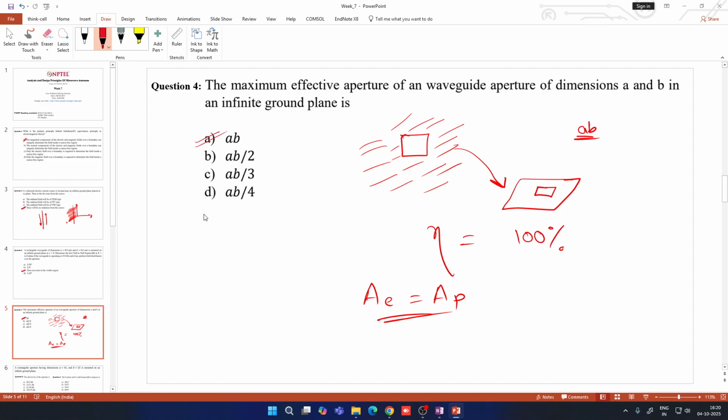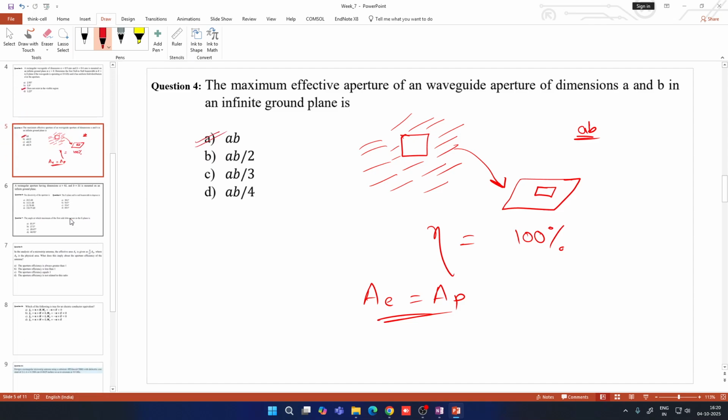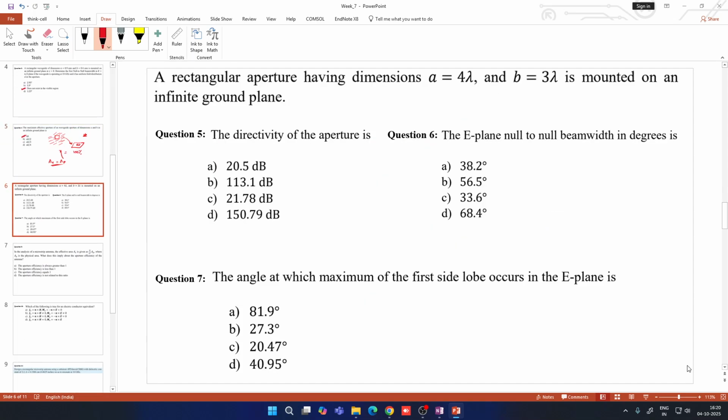If you have any doubt in this, please let me know. If this is clear, we will move on to question number 5.